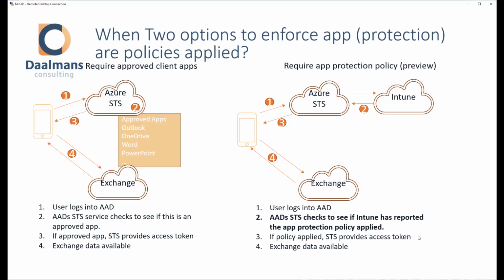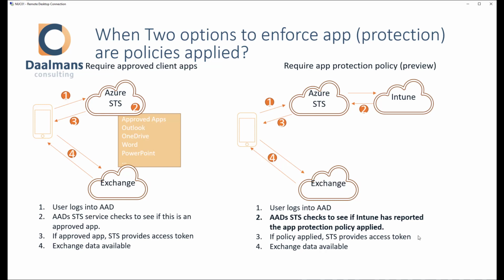So how does this work? We basically have two options. One option, which has been there for a longer time, is that when the user logs in to Azure AD, the Azure AD STS service checks to see if the app being used is on the approved client app list within Azure AD.